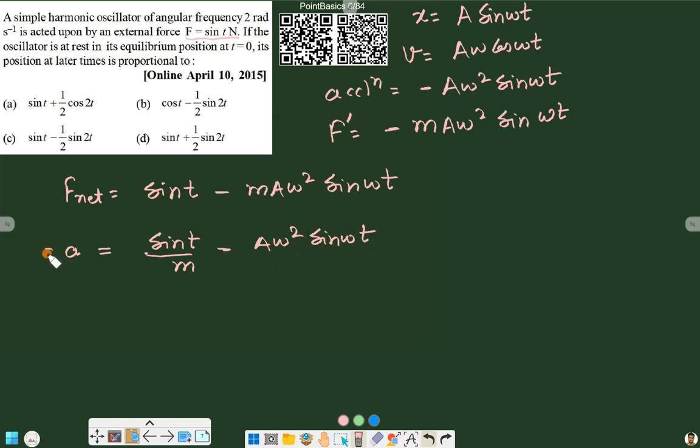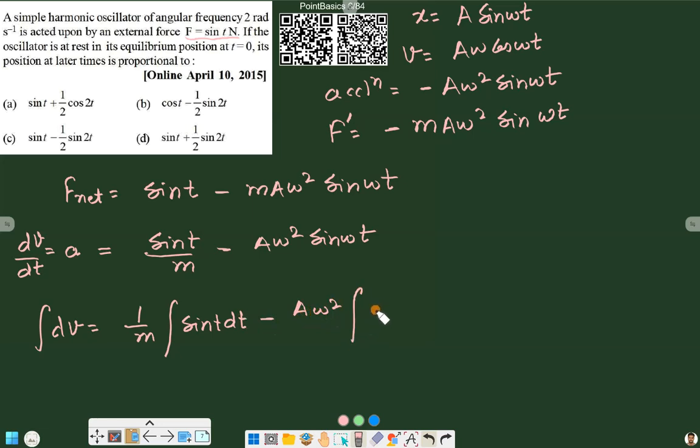Now we know that acceleration is equal to dv by dt. So we will integrate both sides to form velocity. So integral dv will be equal to 1 by m integral sin t dt minus a omega square integral sin omega t dt.